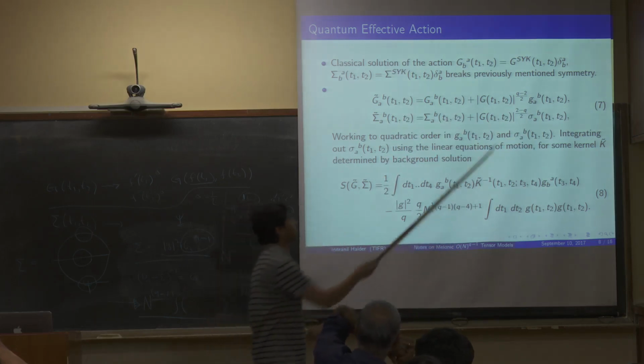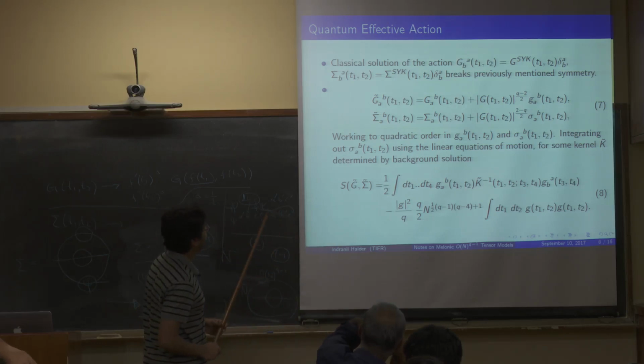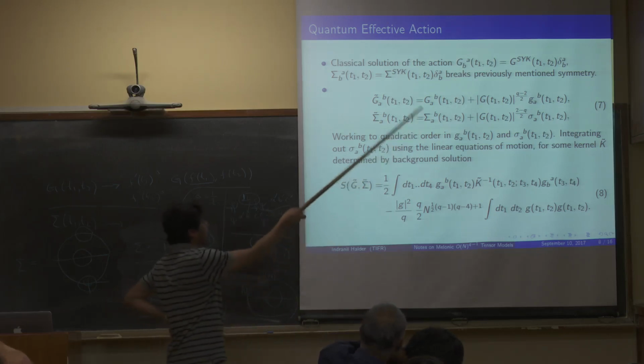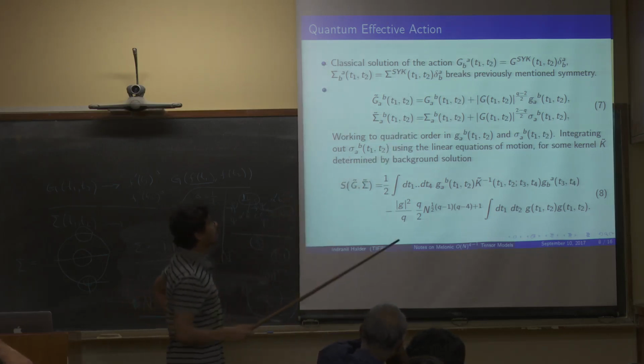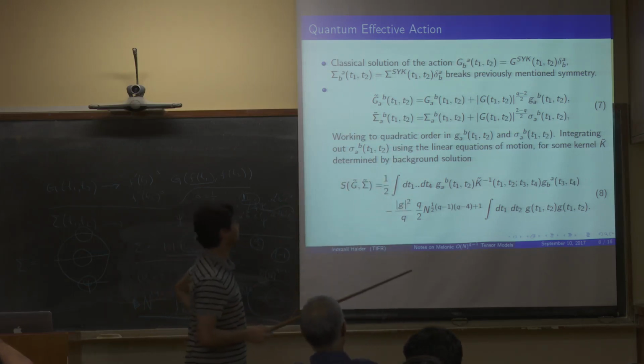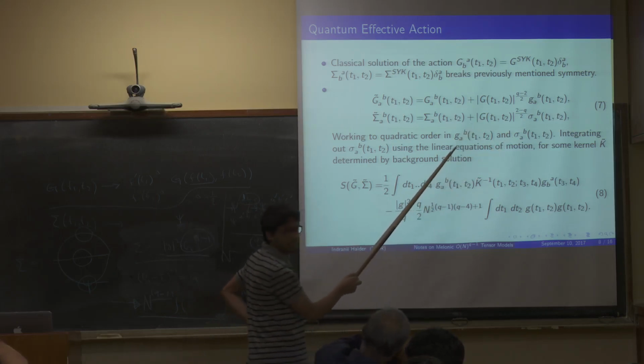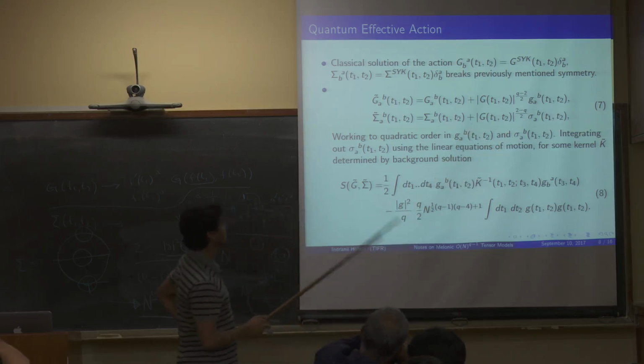We could have done this without scaling, but it would have been complicated. And then we substitute them back in the action that we had, work up to quadratic order in these fields, and then we integrate out one of the fields. We have integrated out sigma in favor of g.